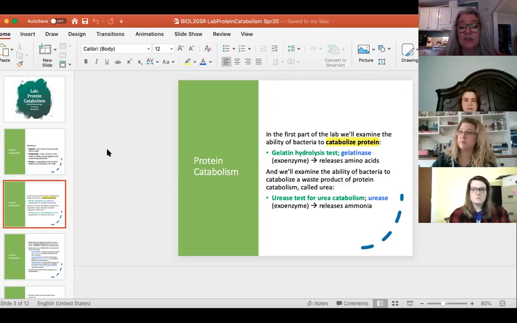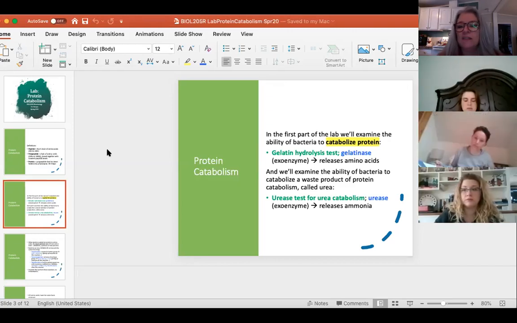Proteins are generally enormous molecules compared to little microbial cells, so it would be really hard for a microbe to take a big intact protein across its membrane. Instead, it breaks it down out in the world and then brings in the pieces of the protein, the peptides or the individual amino acids.